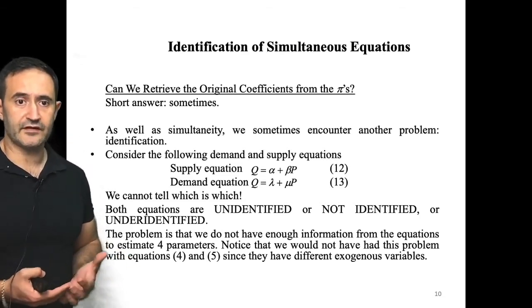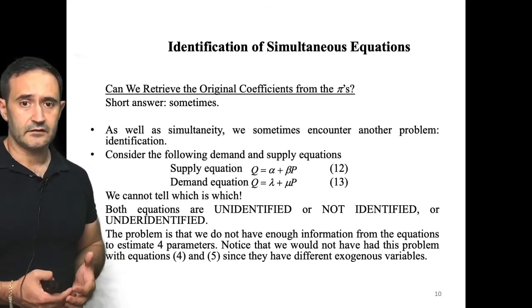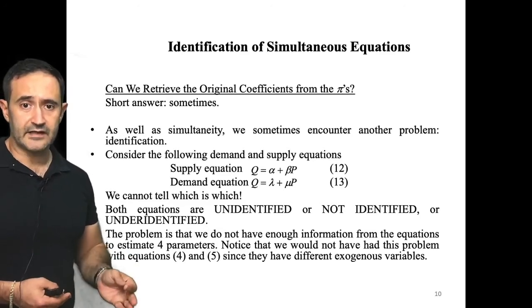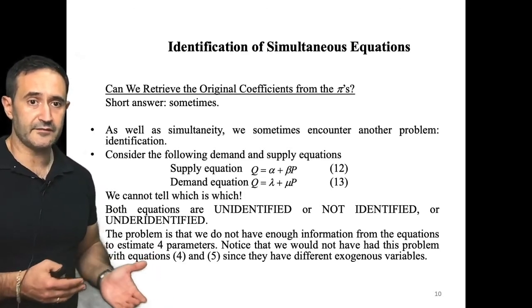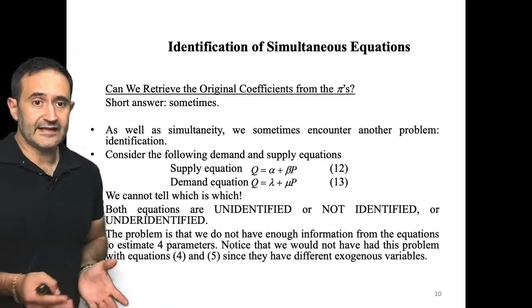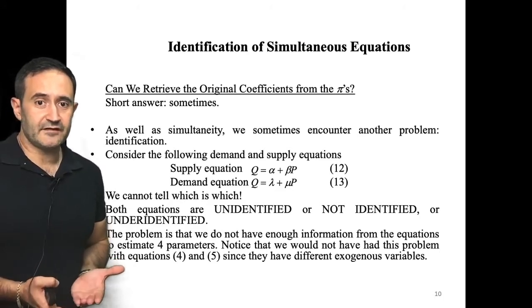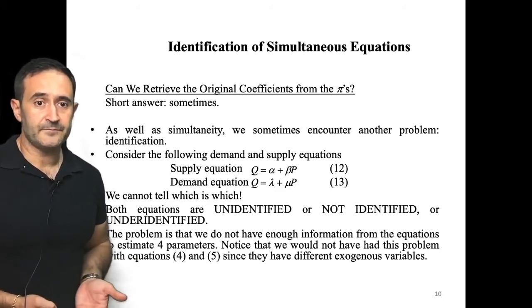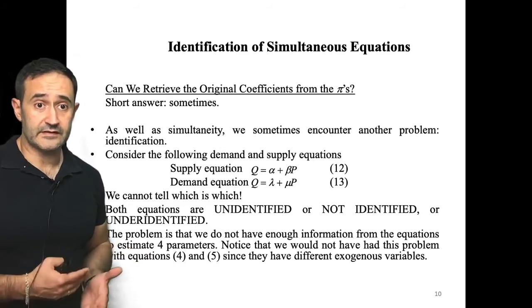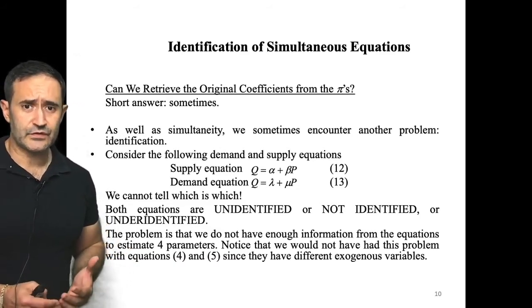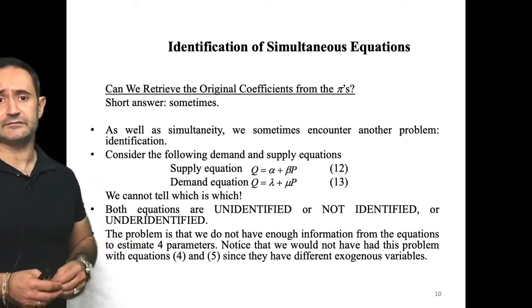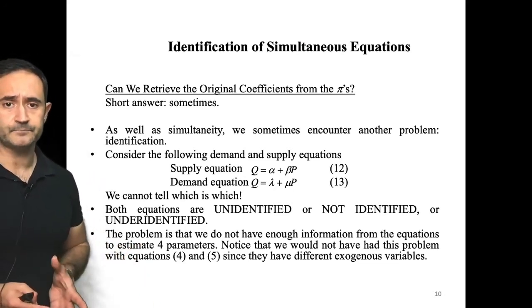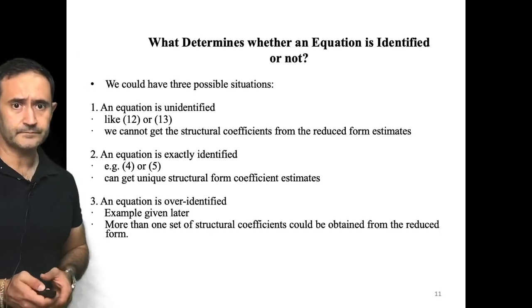We know from economic theory that the sign of beta and mu is what tells us whether we have a supply or a demand equation. But like that, we cannot say if the first one is going to be negative and the second positive, or the other way around. So that's what we call a not identified or under-identified problem.